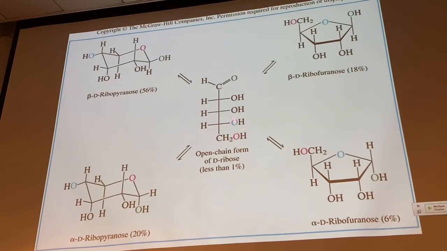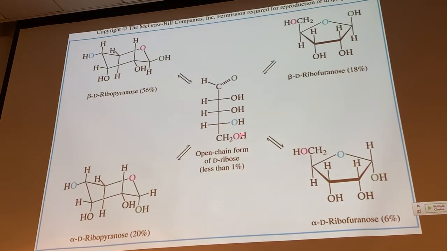That's going to put this oxygen down. That oxygen is going to now be linear with the aldehyde, and that's going to move the CH2OH over here. Then we're going to rotate 90 degrees on its side. That's going to put the groups on the right down, the groups on the left up. Then we're going to cyclize using that blue alcohol, that secondary alcohol at C4, to make our hemiacetal.